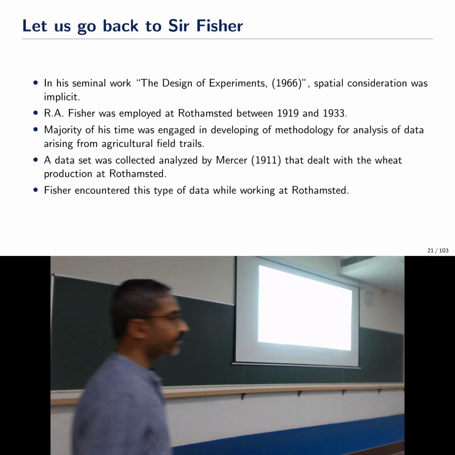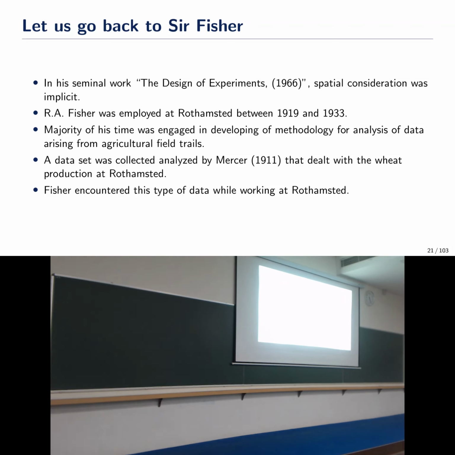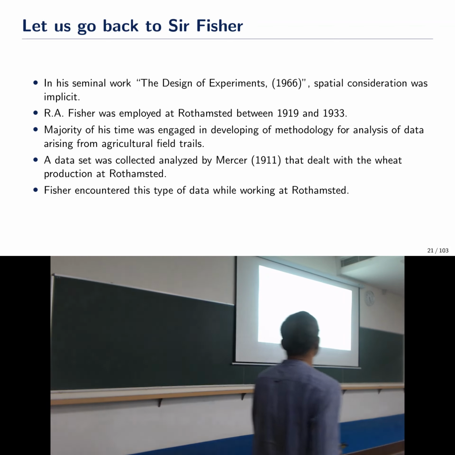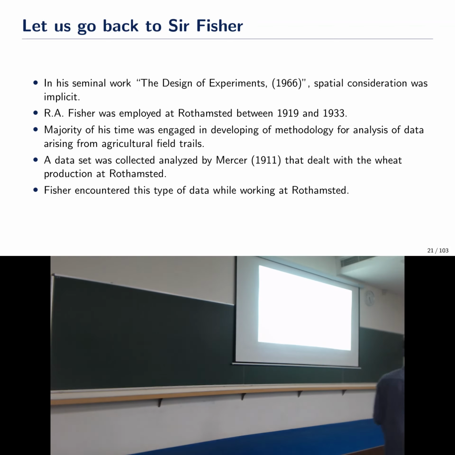So I tried to understand how he could know this. He was employed at Rothamsted, a very famous agricultural institute at that time, probably one of the first research institutes on agricultural statistics.